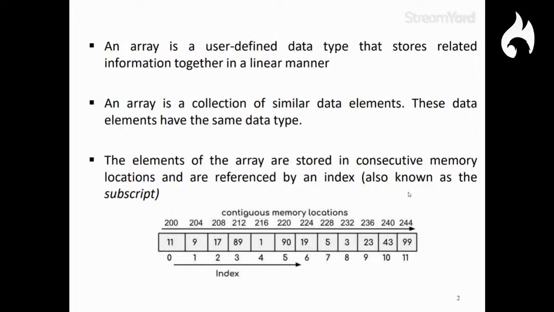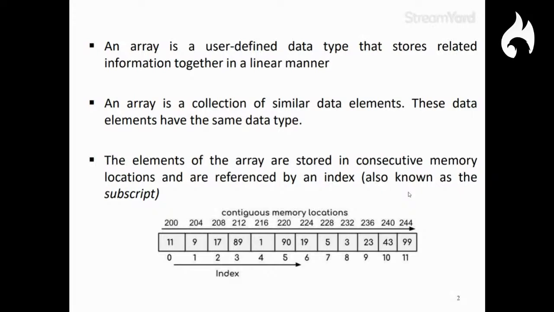An array is a data type which stores information in a contiguous manner. An array is a collection of similar kinds of data elements, and all of the elements need to be of the same data type.